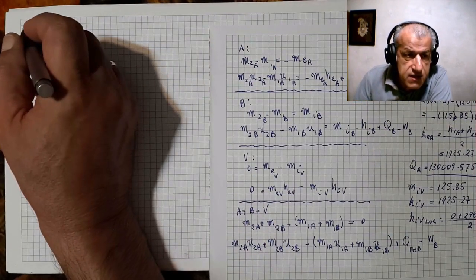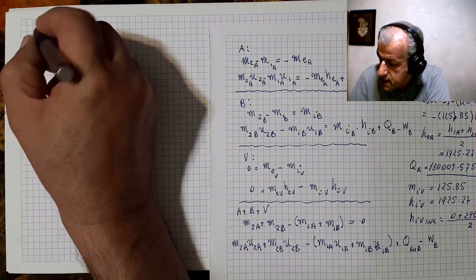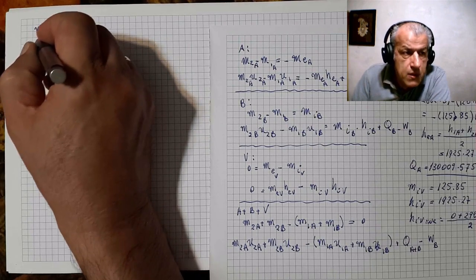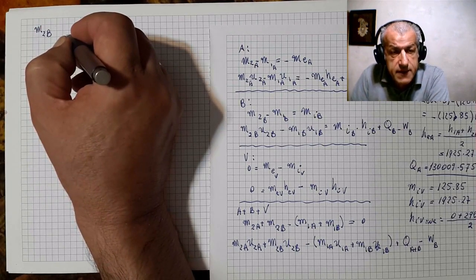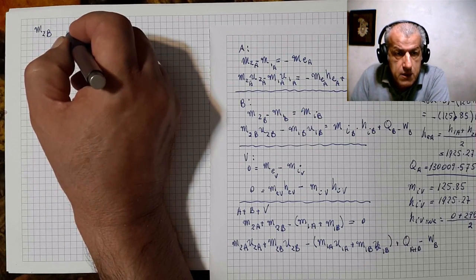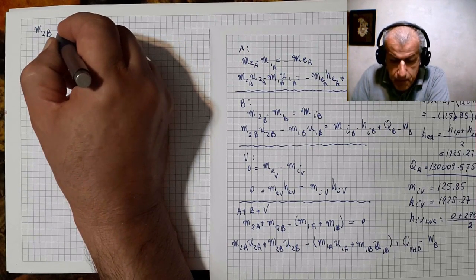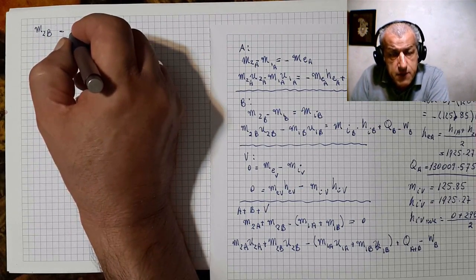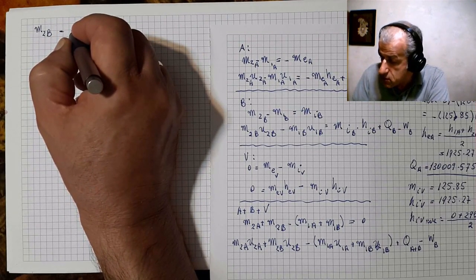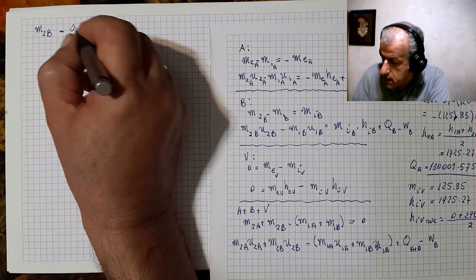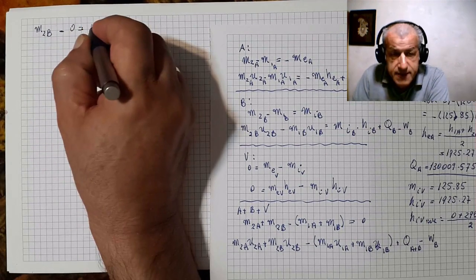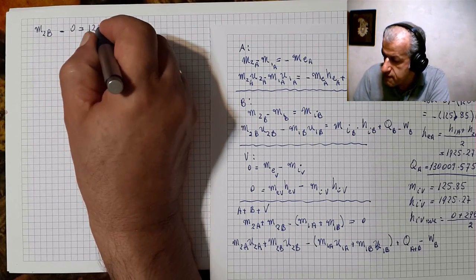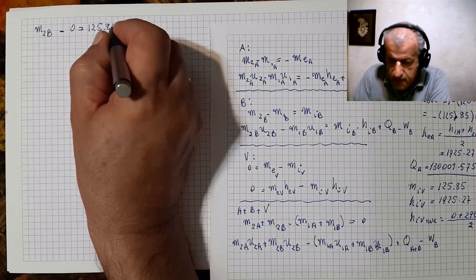The mass conservation equation for B tells us that M2B, which is the final mass in B, minus M1B, which is the initial mass in B, which is 0, equals the mass that has entered B, which is 125.85.